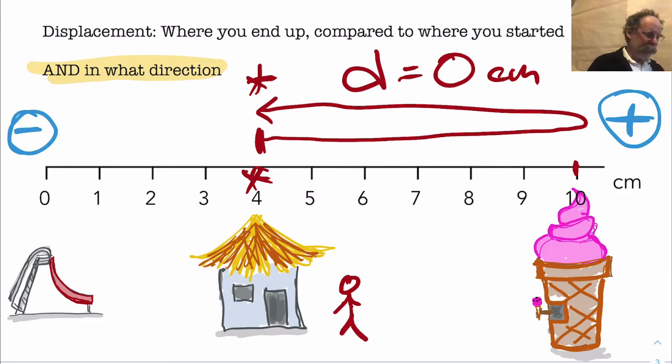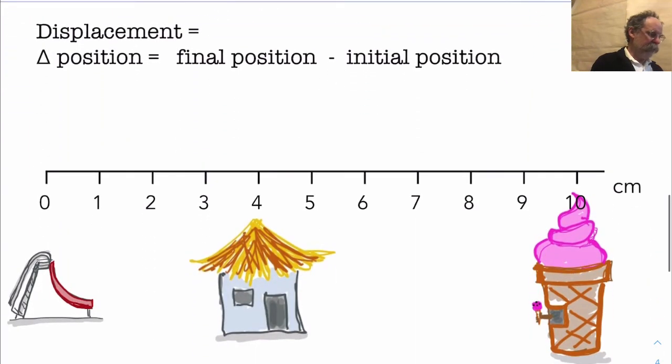One other thing we're thinking about with displacement for later is that another way of thinking about displacement is thinking about displacement as delta position, where delta, as you probably know, is our science way of saying change in. Displacement is change in position, and the way we calculate that is we take the final position and we subtract the initial position. That may seem overly complicated in a situation like this, where you can just look at it and go like, I can see she went 6 centimeters, but humor me.